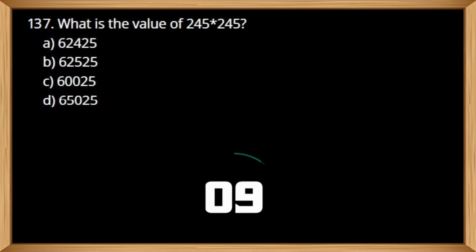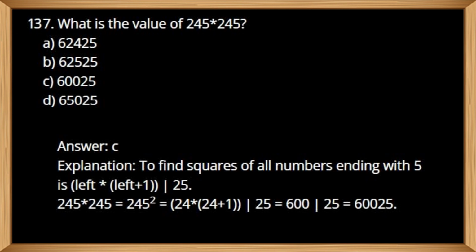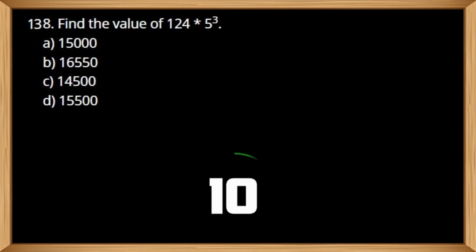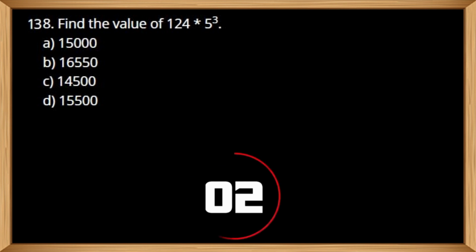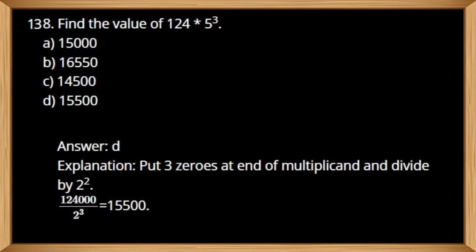What is the value of 245 into 245? Option C: 60025. The value of 124 into 5 power 3. Option D: 15500.